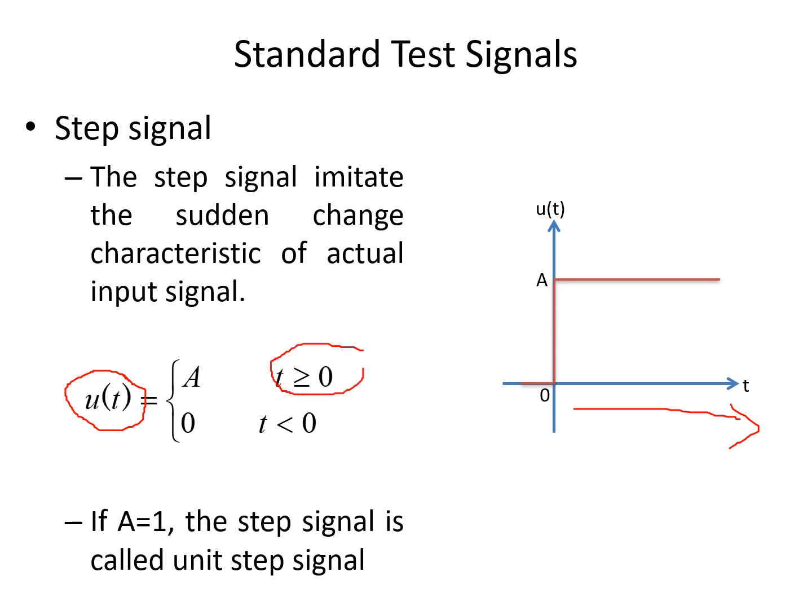That means towards the positive time axis it has a constant amplitude, and it can go up to infinity also, and it is considered 0 for t less than 0. That means here it is completely 0 towards your negative time axis. And if this amplitude a is taken as equal to 1, then it is called the unit step signal, that is a signal with a magnitude of unity. So this is the second standard signal which is generally used to analyze the system.